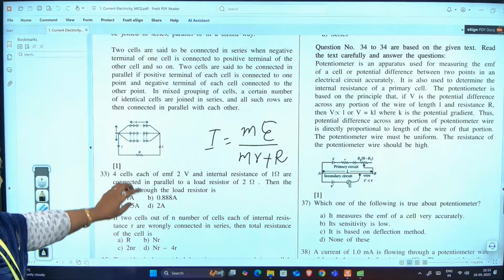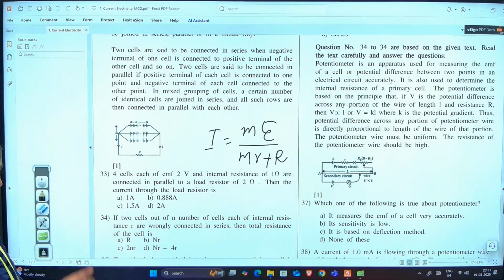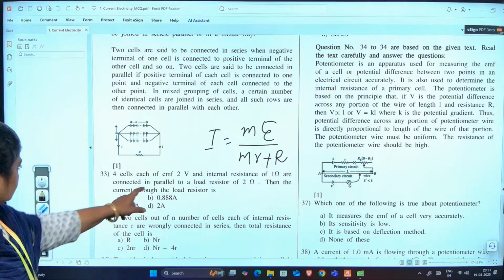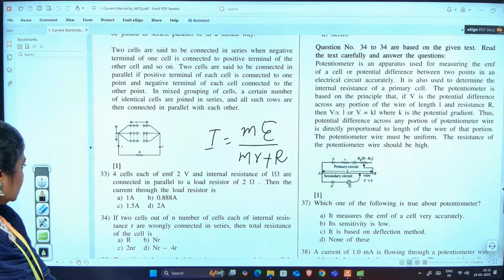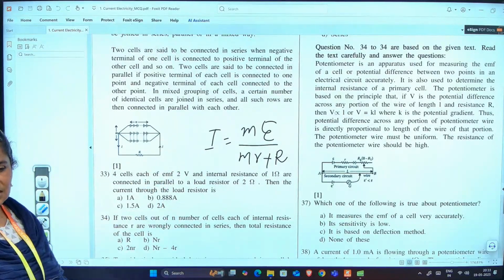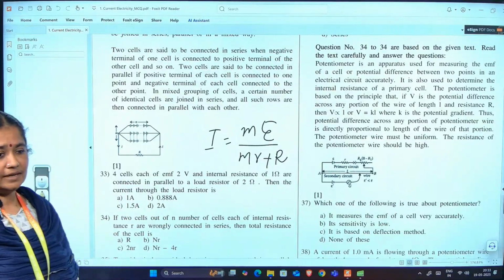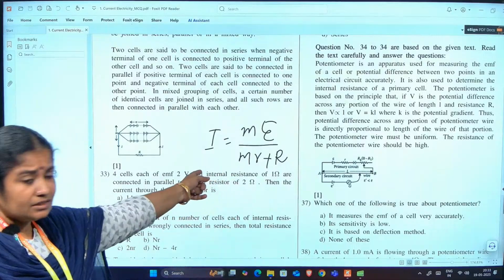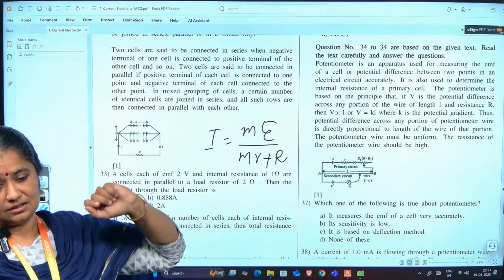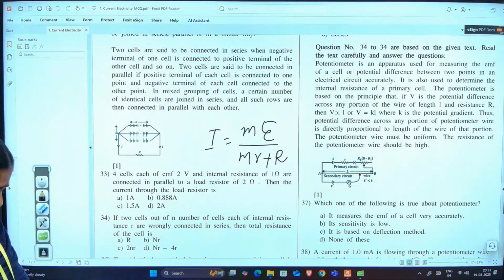Maybe in the question for parallel, the series solution has been given. This equation is actually for series. Maybe it is a printing mistake, because they have solved it using series and the answer is 0.888 ampere. This is actually the equation if all the cells were in series.